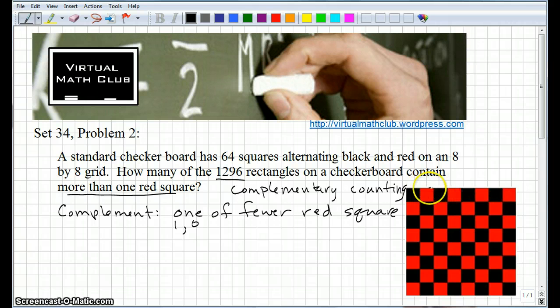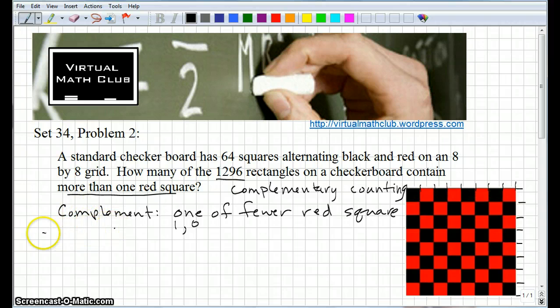This isn't really part of the problem, but you can think of this grid as having lines that divide it. So essentially, you've got 9 lines up and down, and 9 horizontal lines that make up this grid.